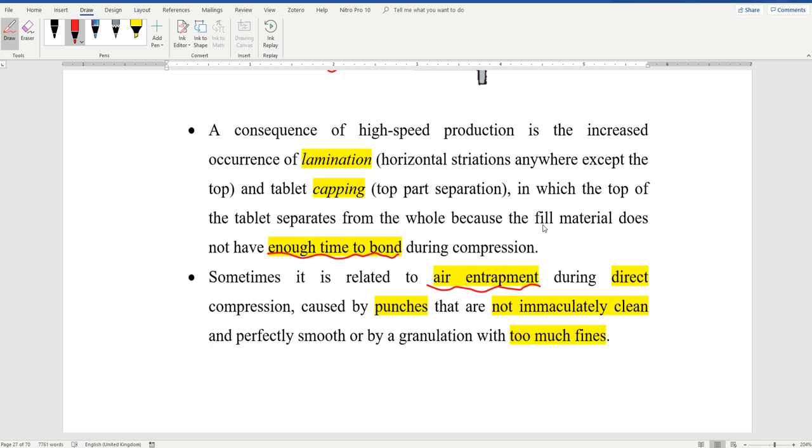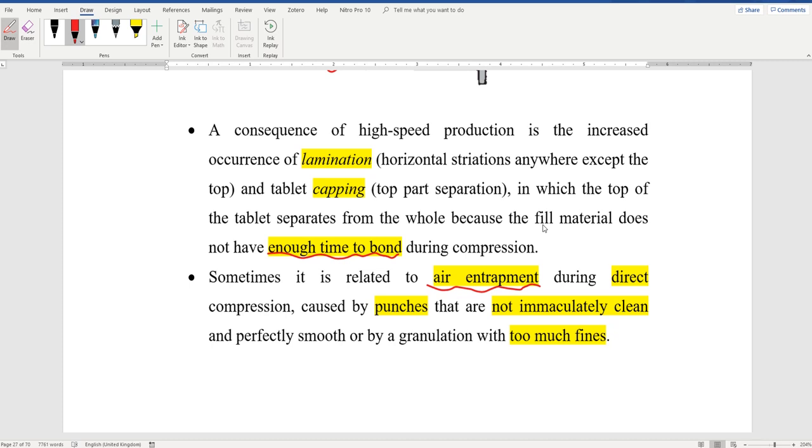When the punches compress the formulation inside the die cavity and there is air inside, the air will also get compressed inside the formulation, forming an air layer inside the tablet.